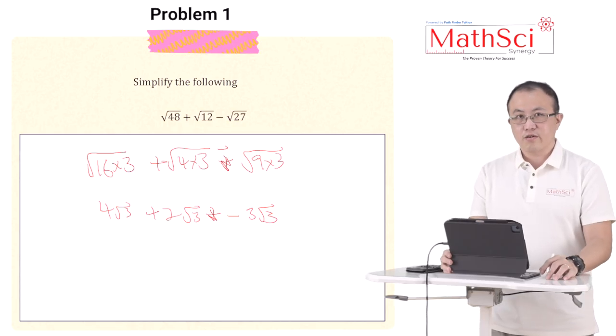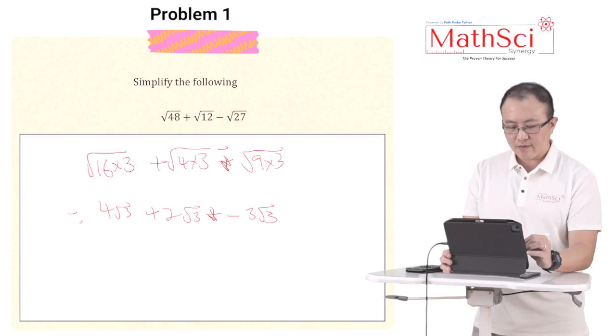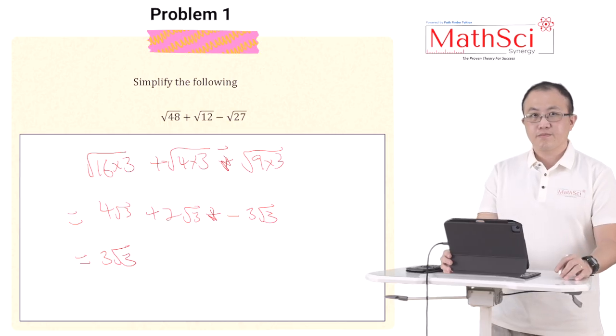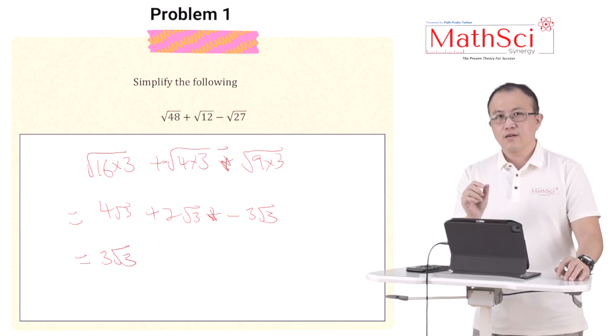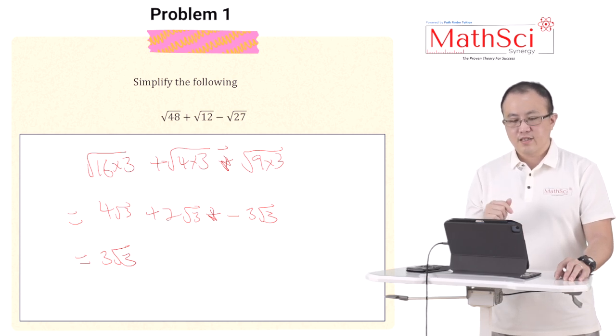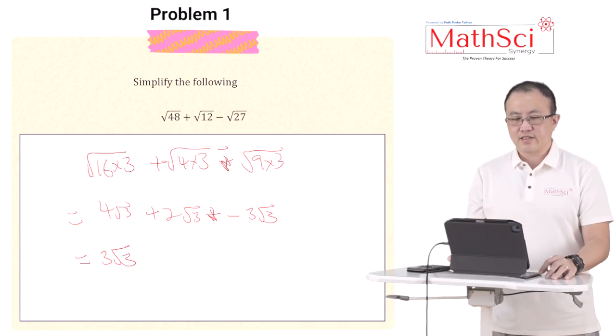Okay, something like that. So now finally the final answer will be 4 plus 2 minus 3. 4 plus 2 will be 6. 6 minus 3 will be 3 root 3 is the answer. Okay, so you can see how making it to be the common surds term is important. Because if you do that, then one part can be square rooted, I can simplify, take it out of the surds term, then I can combine in this manner, and then that will be the final answer.